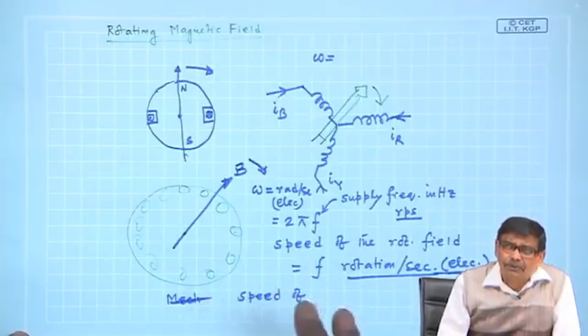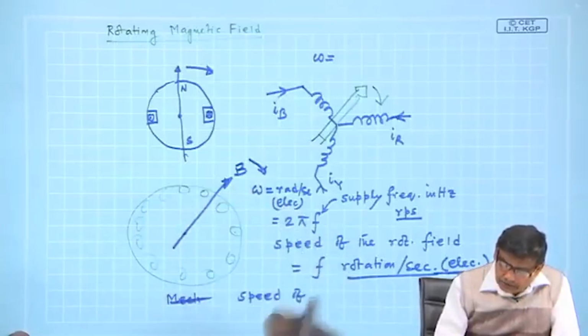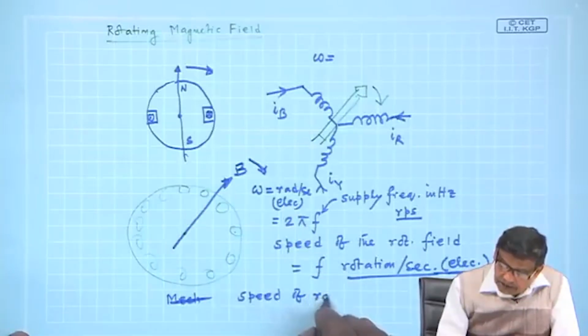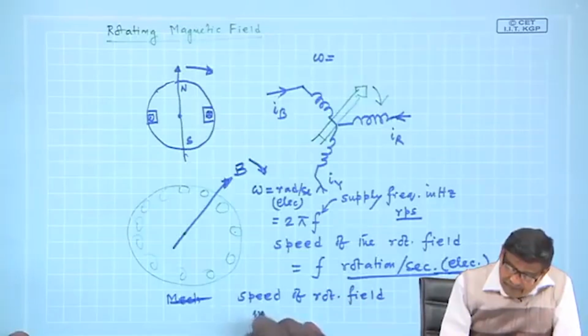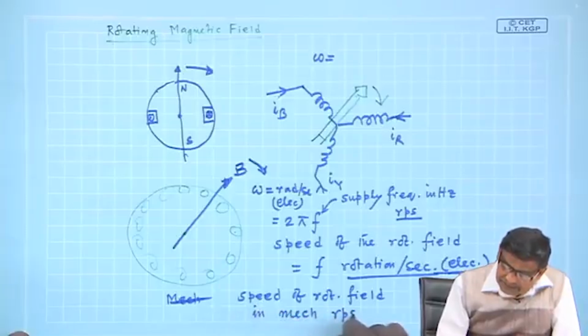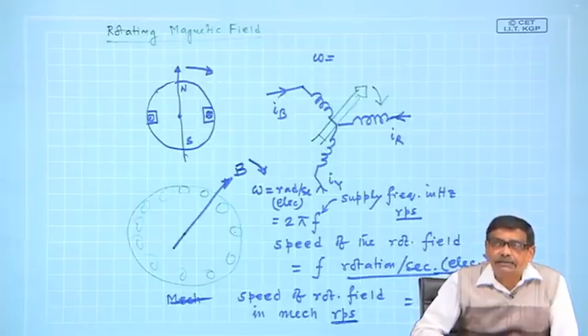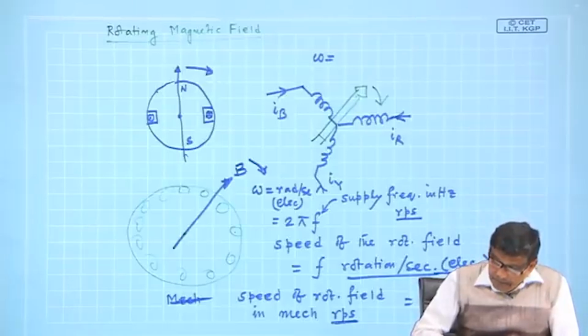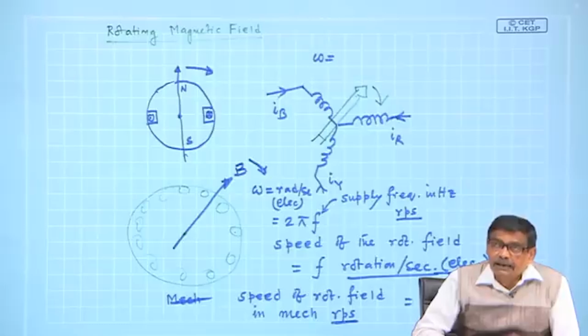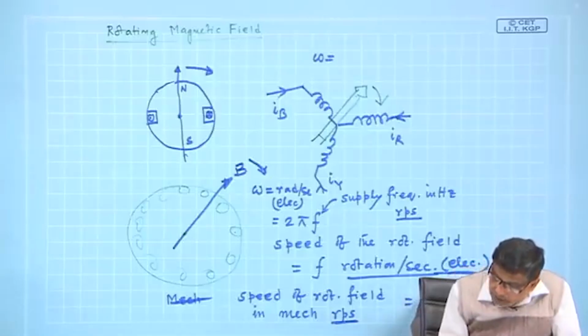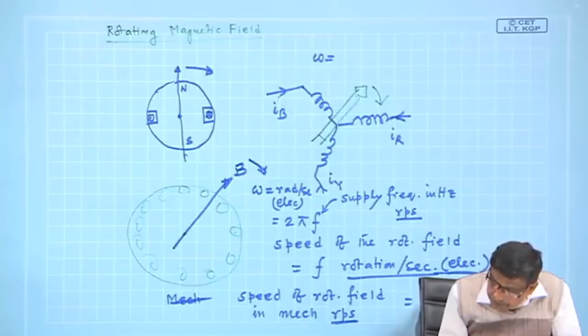The term resultant we will not use anymore, it is understood: speed of the rotating field in mechanical RPS. What should I do with this f? With what should I multiply this? If I want to calculate mechanical speed, this is electrical speed, so I must multiply with the factor 2 by p.